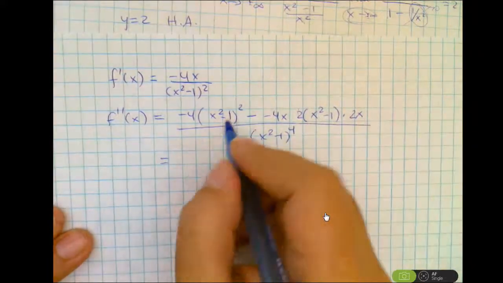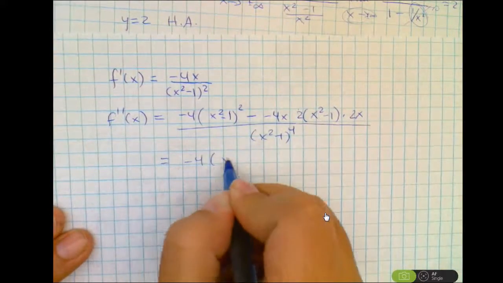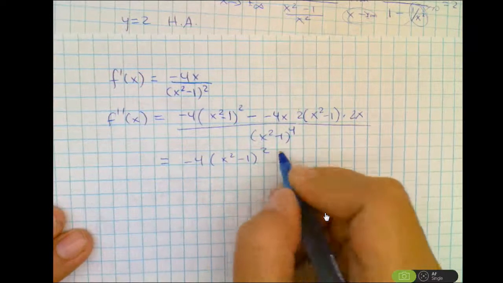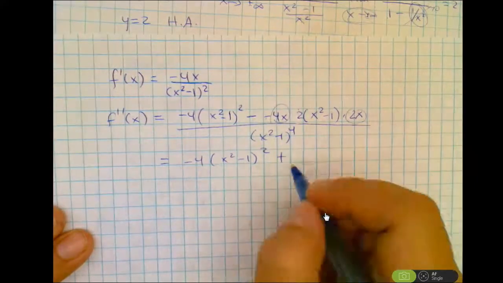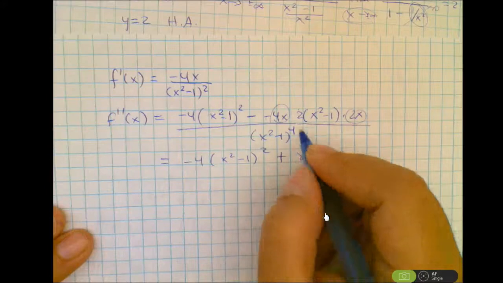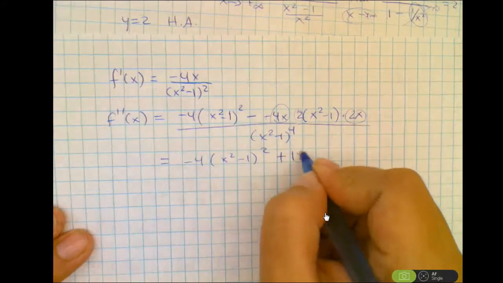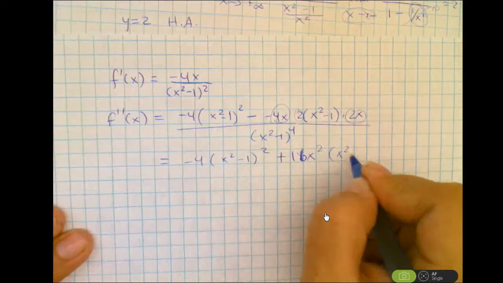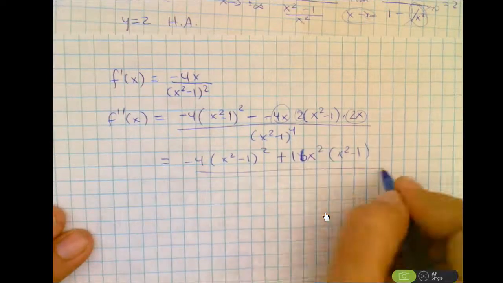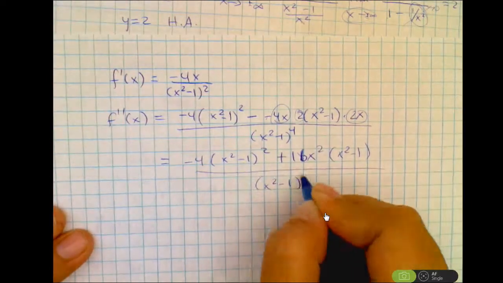So this is negative 4 times (x squared minus 1), plus, let me clean this up, 4x times 2x is 8x, times this 2 would be 16x squared times (x squared minus 1), over (x squared minus 1) to the fourth.